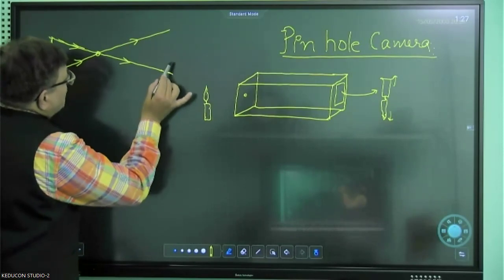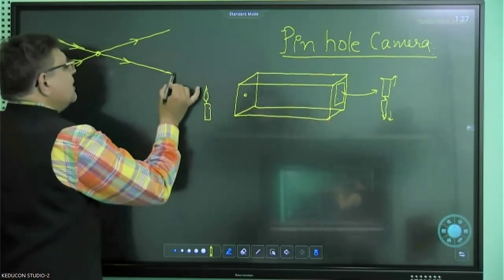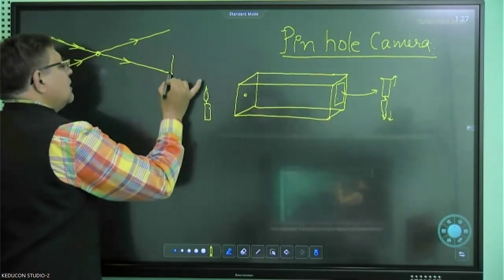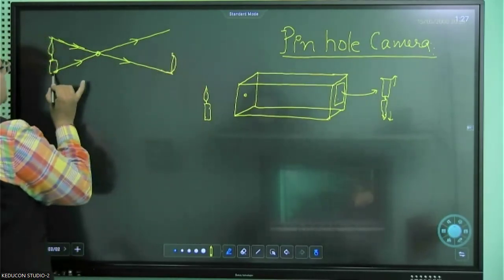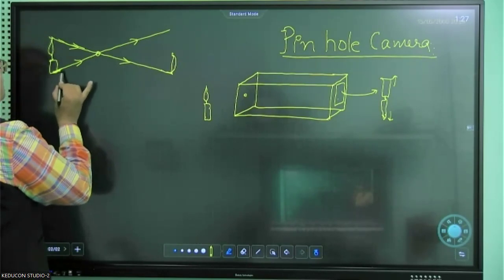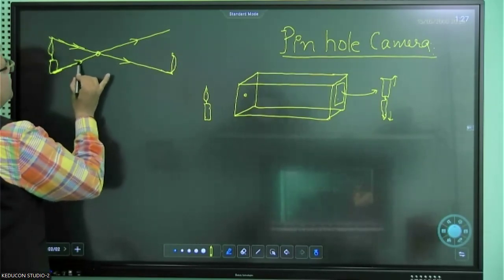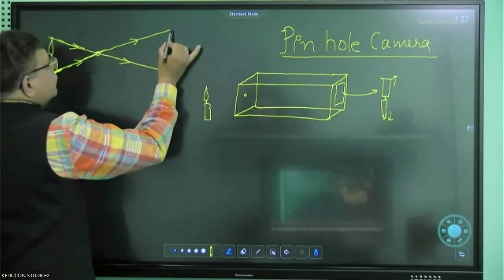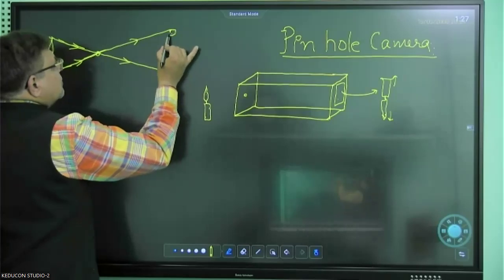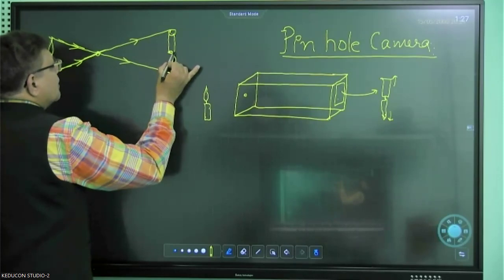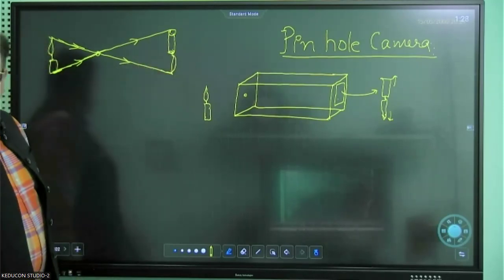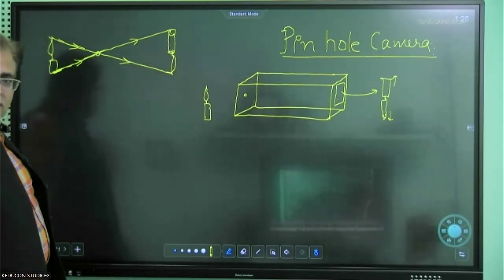So therefore, on the butter paper screen, here will be the tip of the flame, and this particular ray of light is going from the base stand of the candle. Naturally, in the image we will see the base stand of the candle. So an inverted image will be obtained like this.